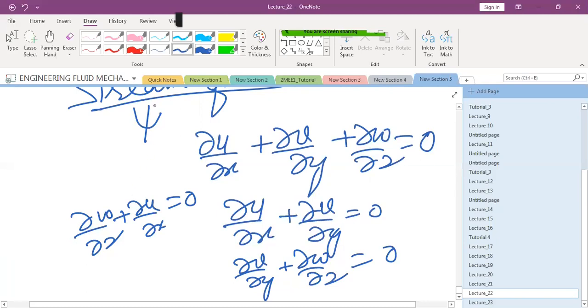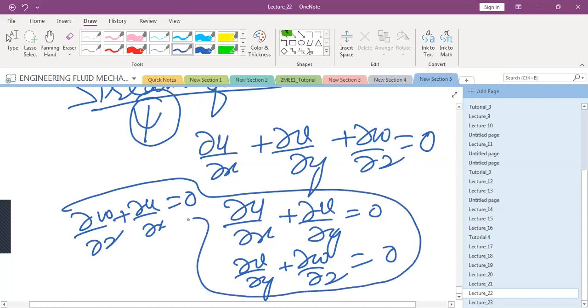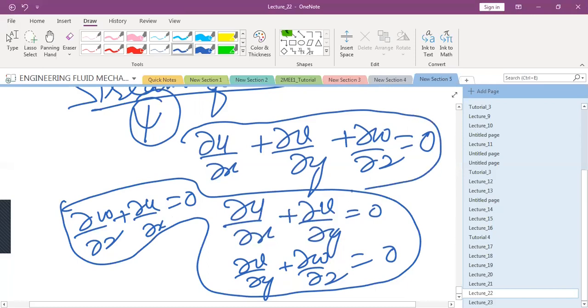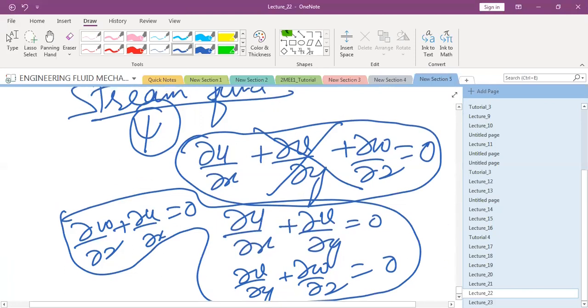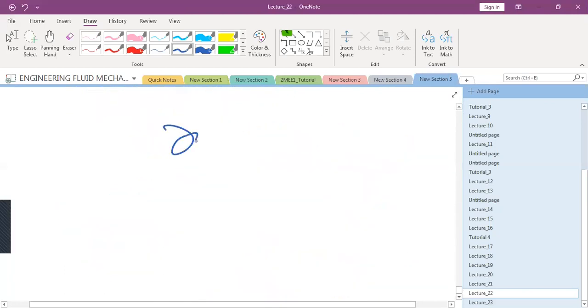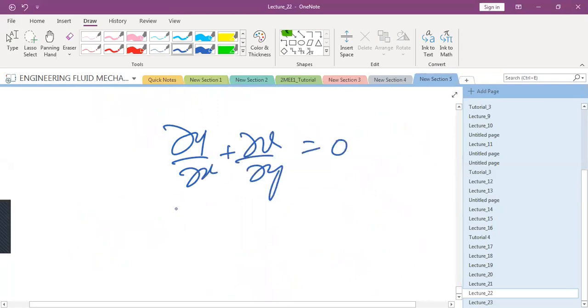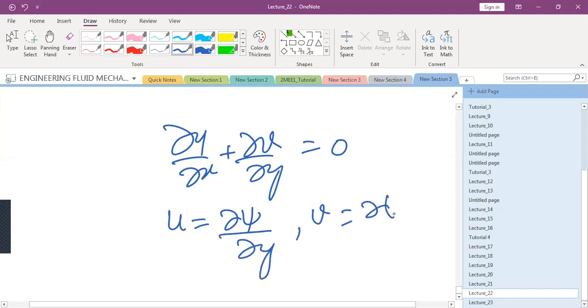So please remember, you can only define stream function for a two-dimensional case. You don't have stream function ordinarily defined for the three-dimensional case. Because when you put curly u by curly x plus curly v by curly y is equal to 0, you essentially replace u with some scalar function and write this as curly psi by curly y, and you replace v by curly psi by curly x with a minus sign.